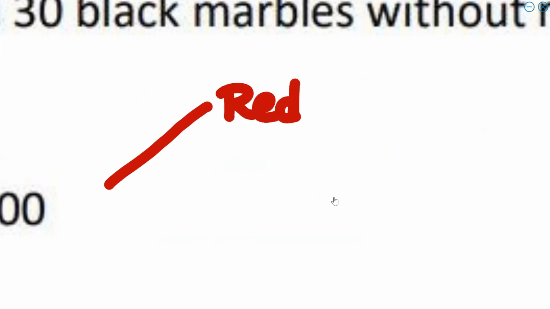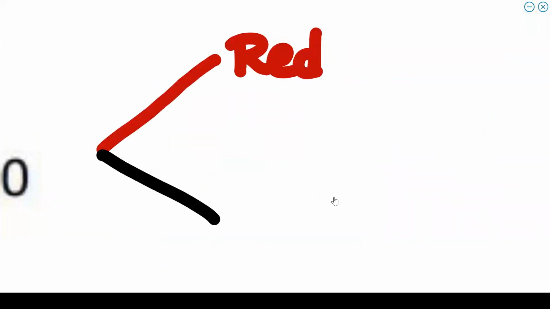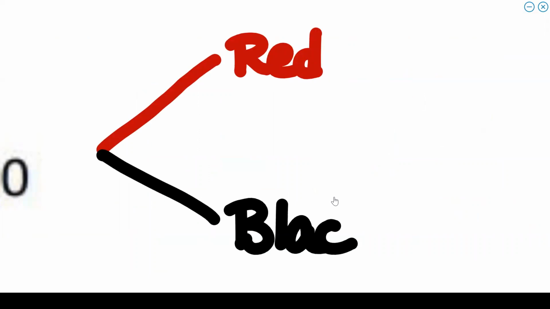So when I first pull a marble out of the jar, there's a chance that I pull a red marble, or there's the chance that I pull a black marble. Correct? What's the chance that the first marble I draw is red? 20 out of 50.